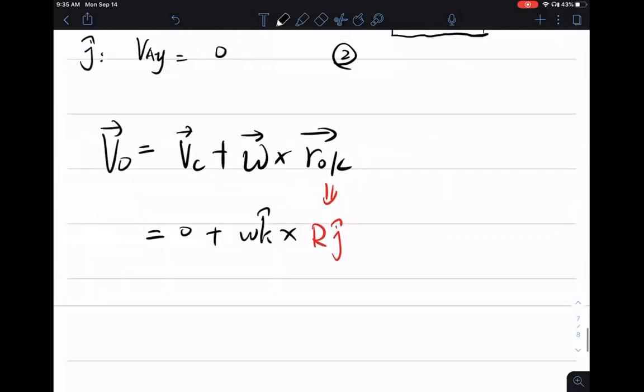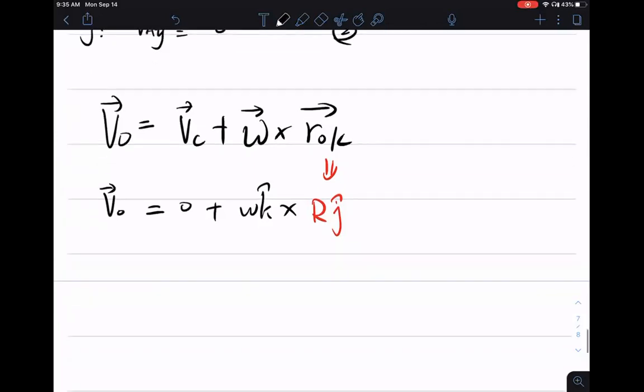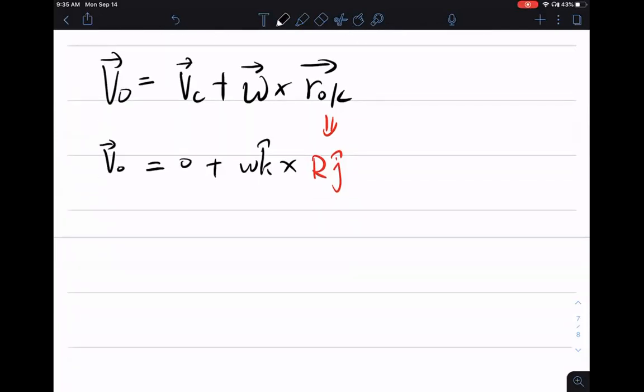VO is something we're looking for. Okay. Now I want you to do this practice on your own. Do the cross product and find an expression for VO, a symbolic expression for VO.